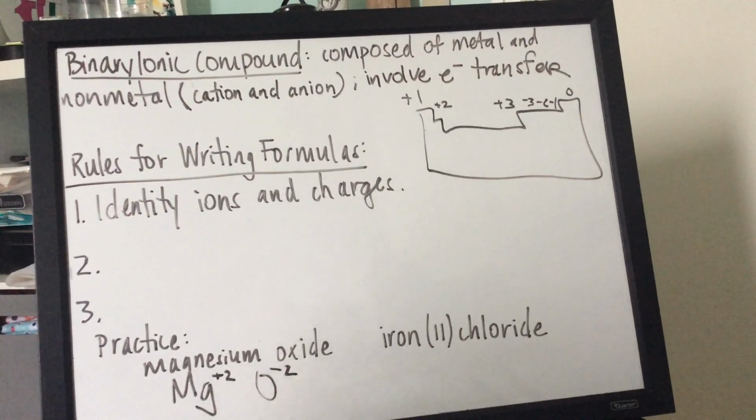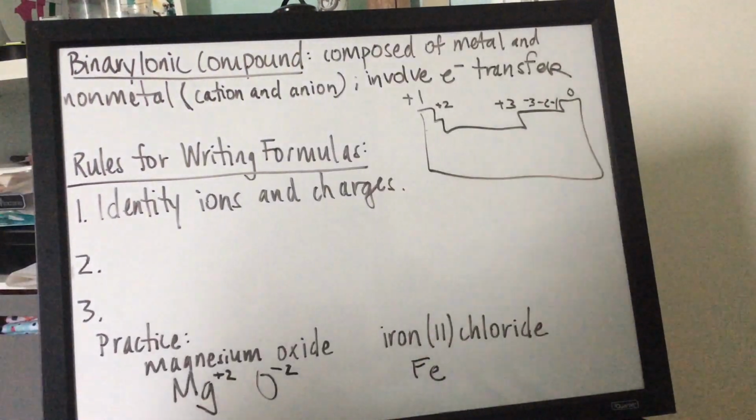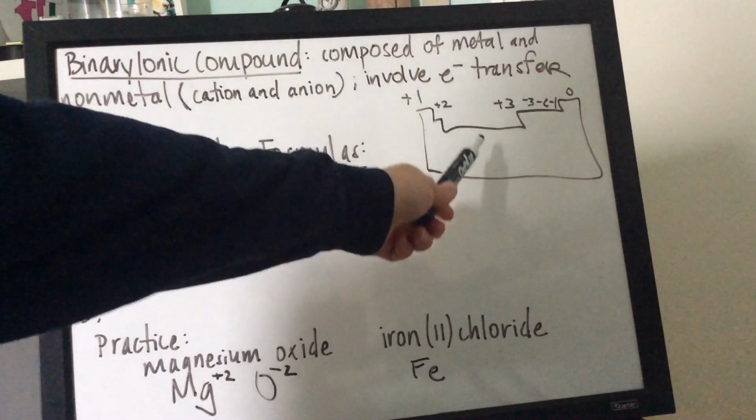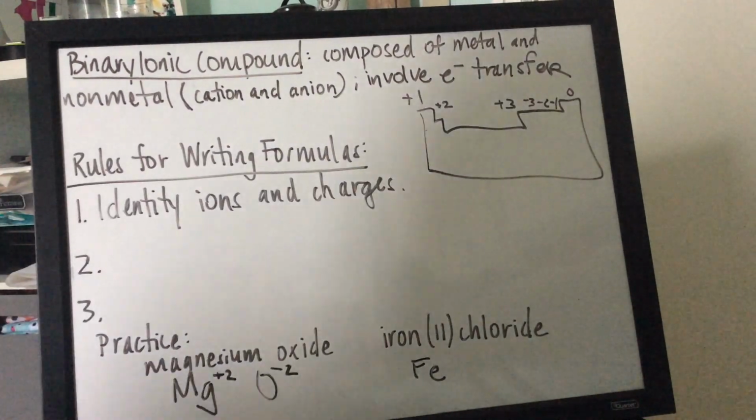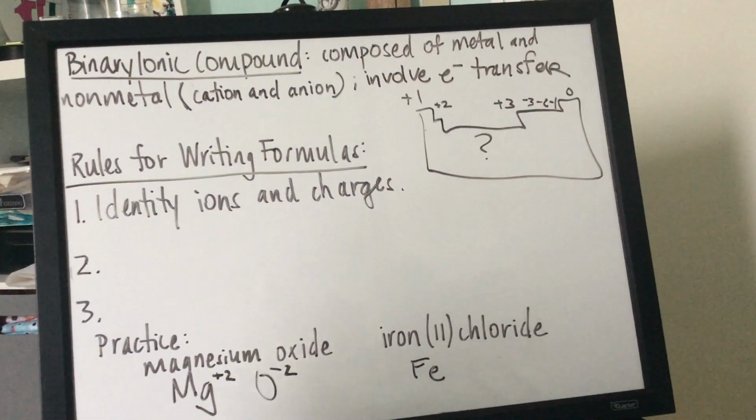I'm going to do the same thing for the second example. You see iron, and the iron symbol is Fe. But when you look up iron in your table, iron is a transition metal and is in this section. We have learned up to this point that we don't know the charge of iron.